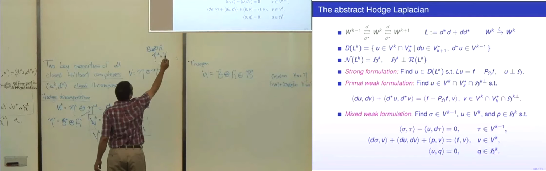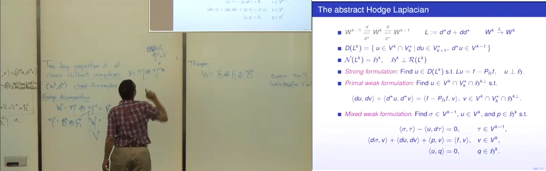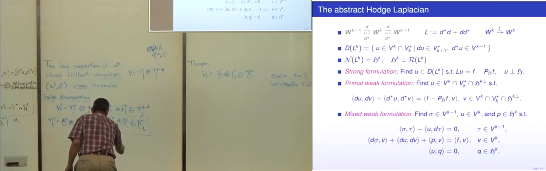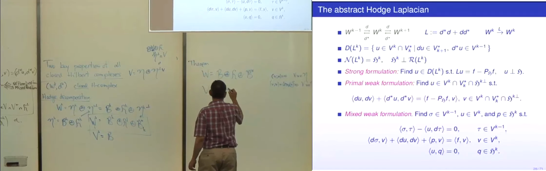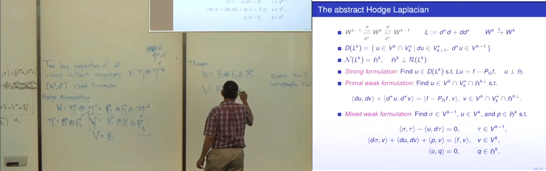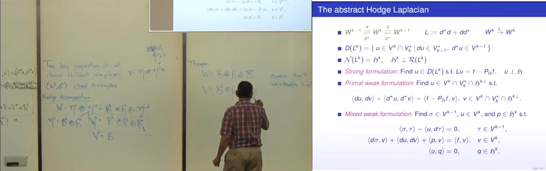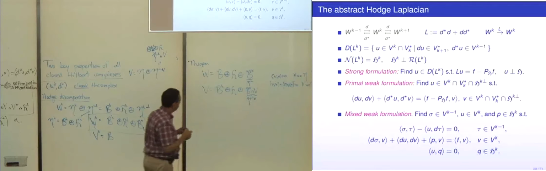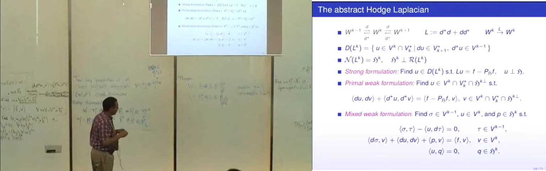And when I intersect this with V, the harmonic forms are in V, so this part doesn't change, but here I have to intersect with V. So VK is equal to BK plus the harmonic forms plus, and here I can either write it as B star intersect V, or I could write it as the orthogonal complement of Z inside V, just like I could write this as the orthogonal complement of Z inside W. So there are two Hodge decompositions there.